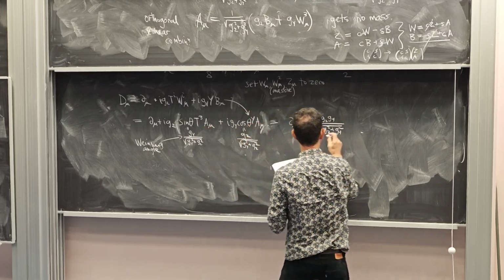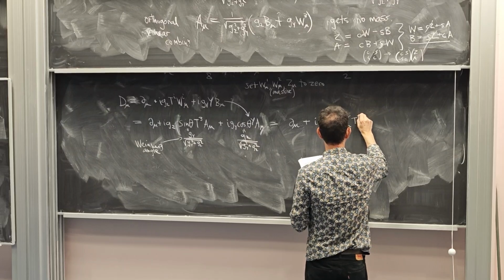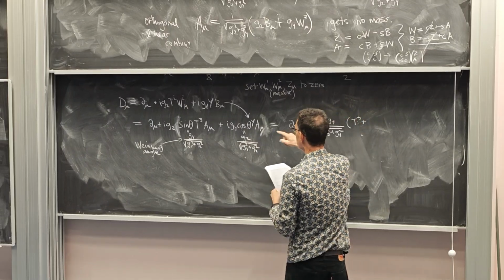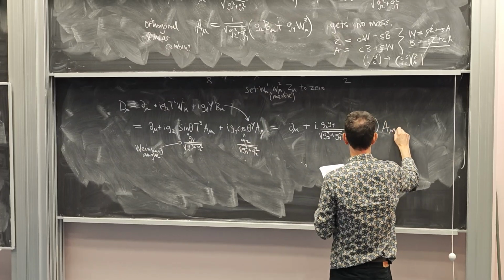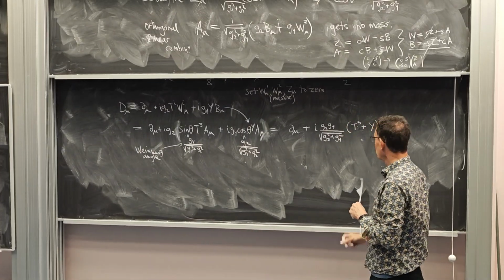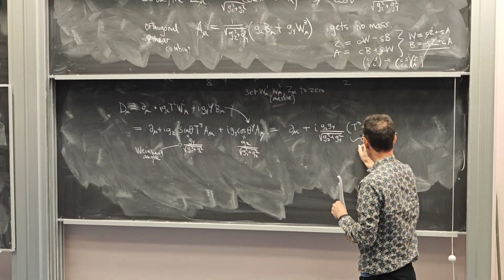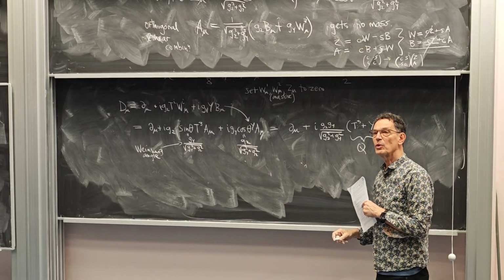Both of them are the same. Multiplied by T3 plus Y times A mu. Okay, that tells you that Q is T3 plus Y.